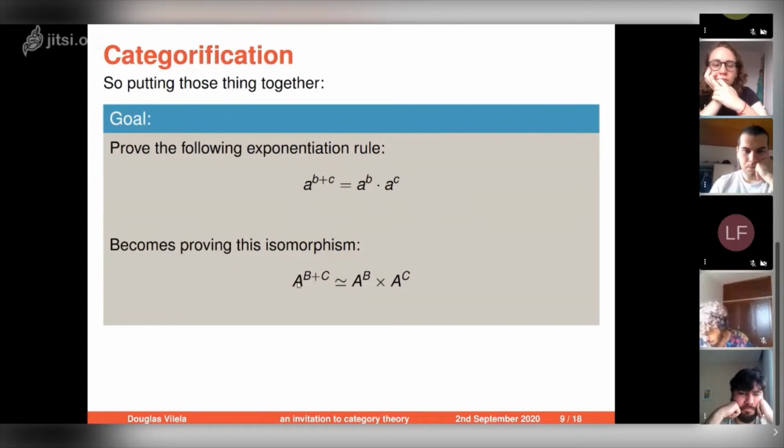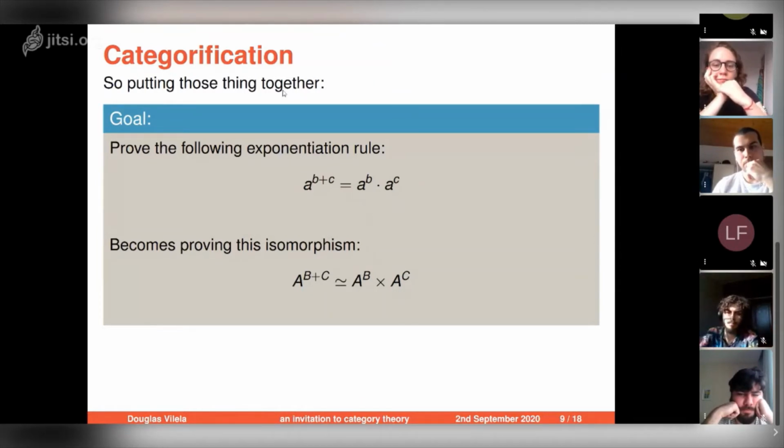Just remember, this notation means the set of functions from the disjoint union of B and C to A is isomorphic to the Cartesian product of these sets, where this set is the set of functions from B to A, and this one is the set of functions from C to A.